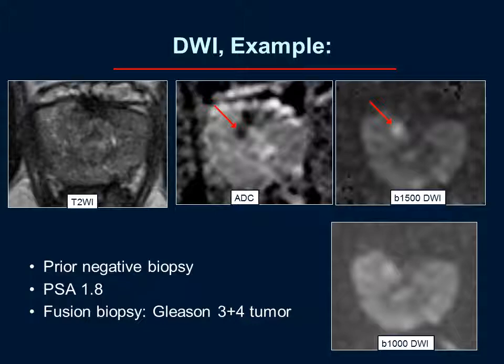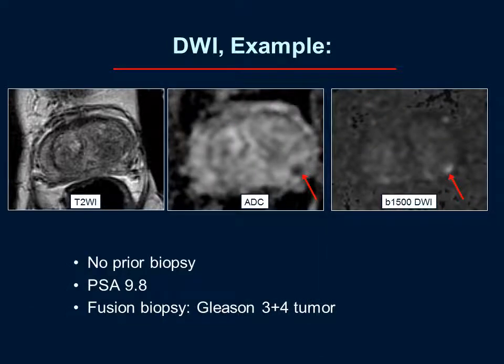Very tough to localize any dominant lesion with confidence. Now, if you look at the ADC map and a computed B1500 image, we see this focal region in the right anterior prostate with low ADC, increased signal on the high B image. It stands out better at B1500 than at B1000. And on a targeted biopsy, this was a Gleason score 3+4 tumor.